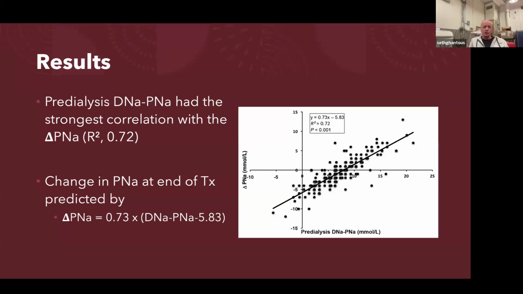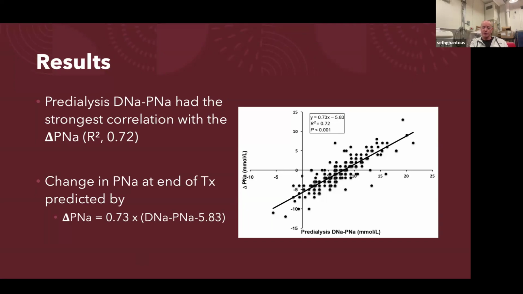Here's the graph associated with the pre-dialysis sodium to potassium gradient, which had the strongest correlation with an R-squared value of 0.72. The regression line could be predicted by the formula for the change in plasma sodium that you see at the bottom.